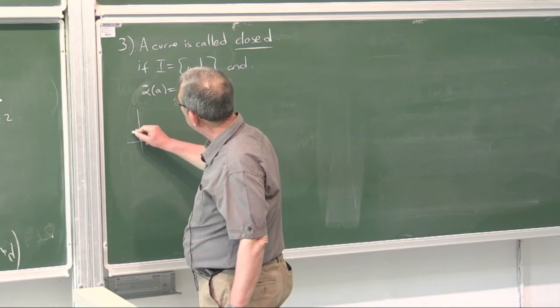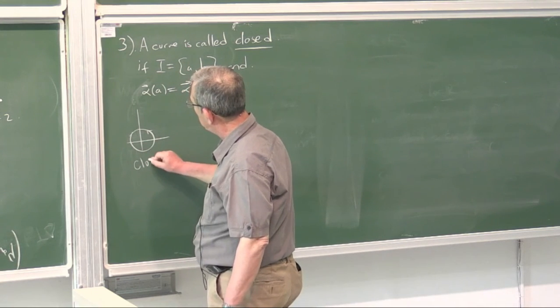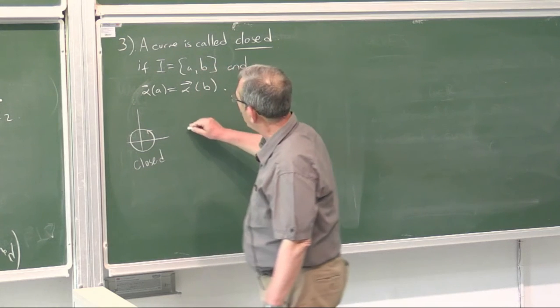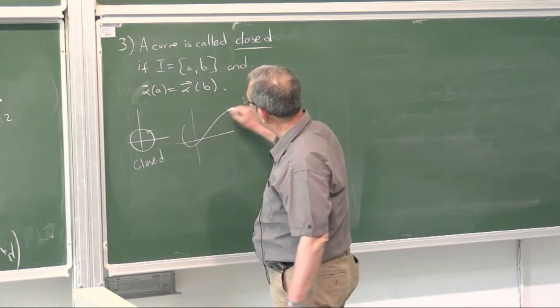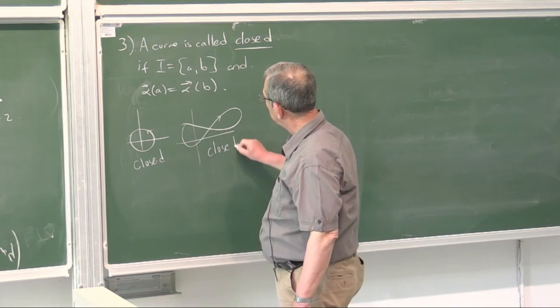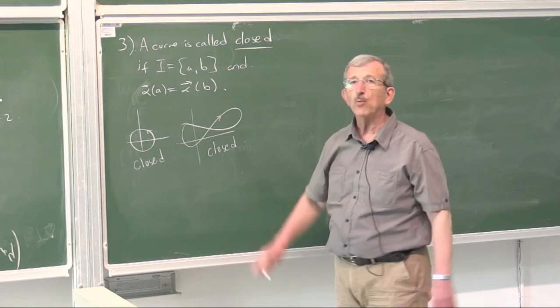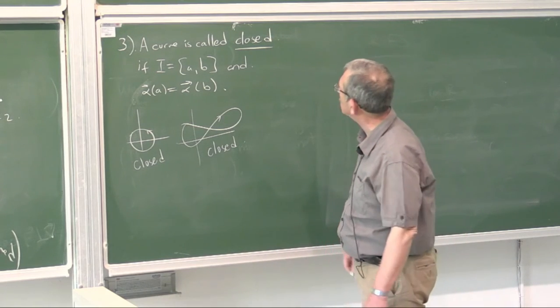For example, the circle is a closed curve, or a curve of this form is closed. But of course, if you cut it somewhere, it will not be closed, it's obvious.